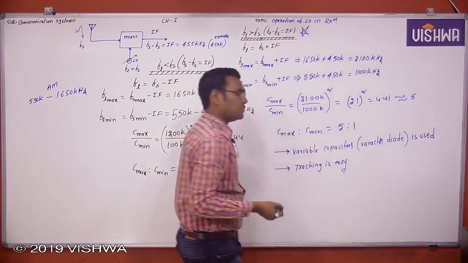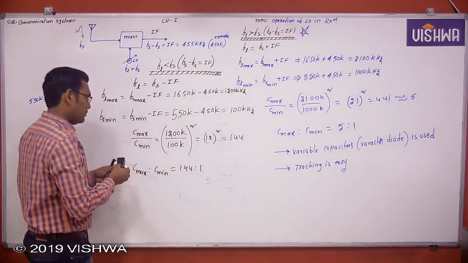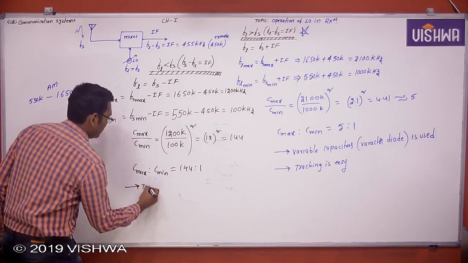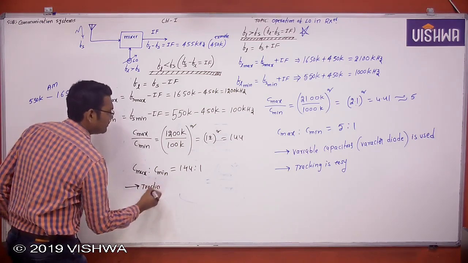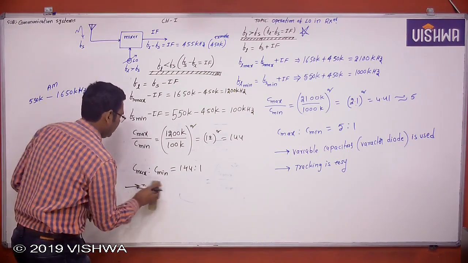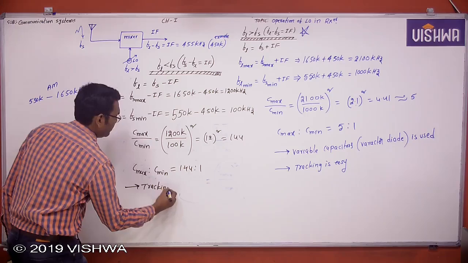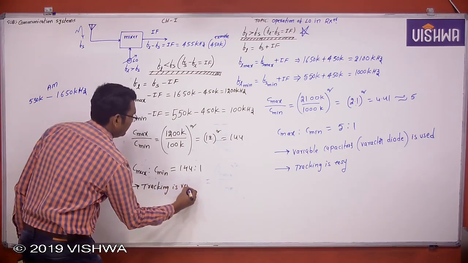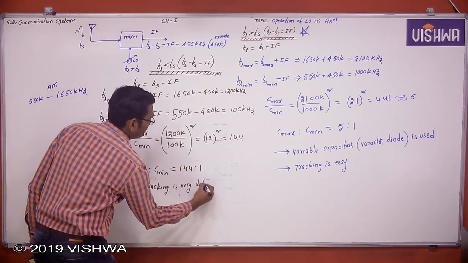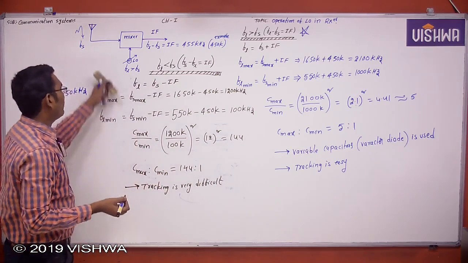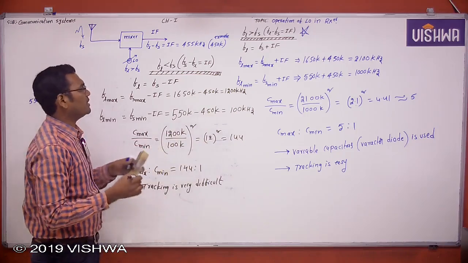Maintaining a ratio of 5 is very easy, but here tracking is very difficult. It is difficult to operate with a ratio of 144, which is very difficult.